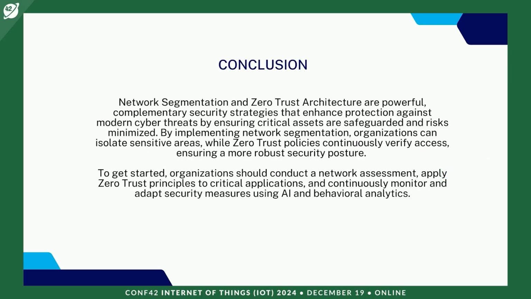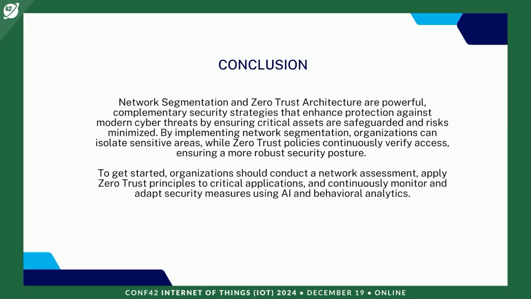So for over 30 minutes, I have been discussing with you the ZTA and network segmentation. These tools are really powerful and complementary security strategies that enhance defense against modern cyber threats.